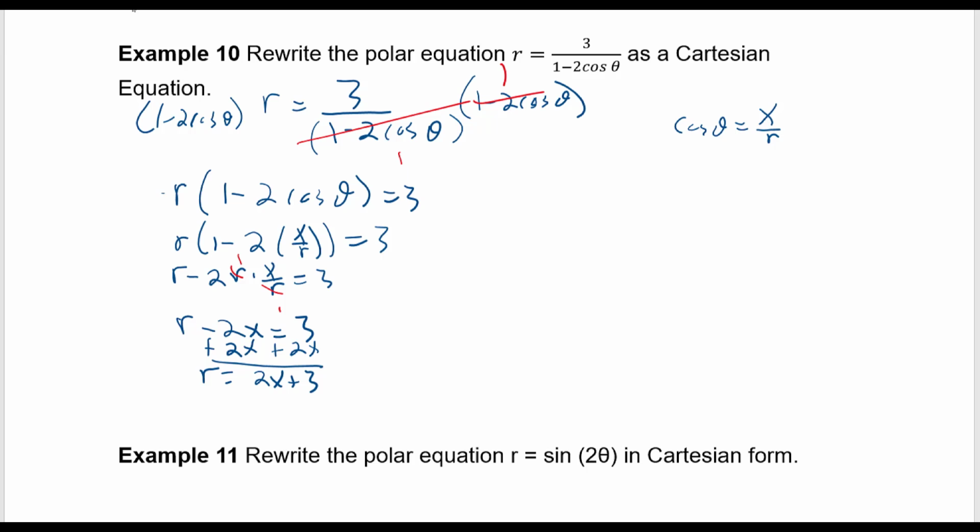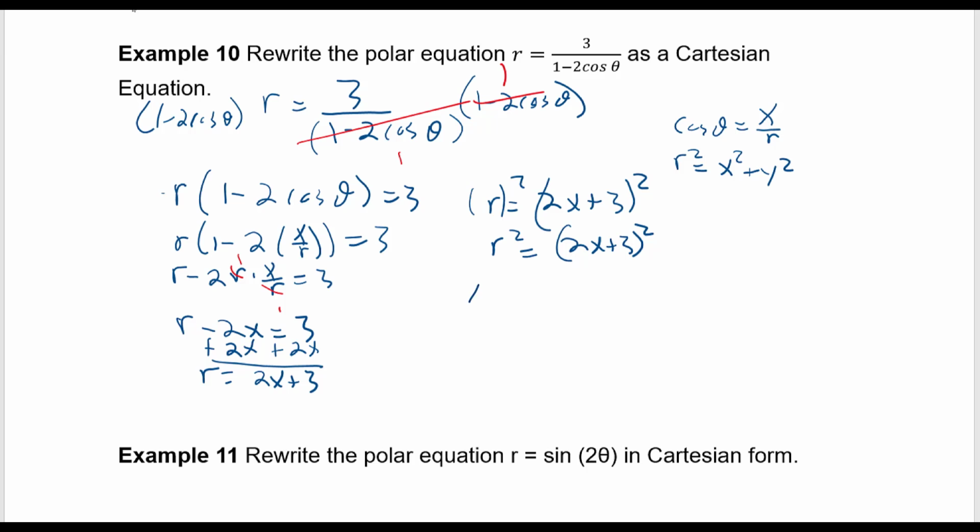Now, what is r? We know we have the relationship r squared is x squared plus y squared. So if we were to square both sides, we have r squared equals 2x plus 3 squared. And r squared is x squared plus y squared, equals this 2x plus 3 squared.